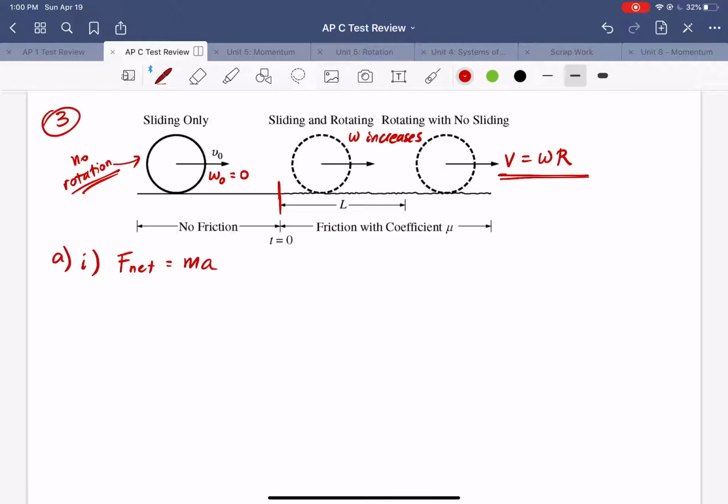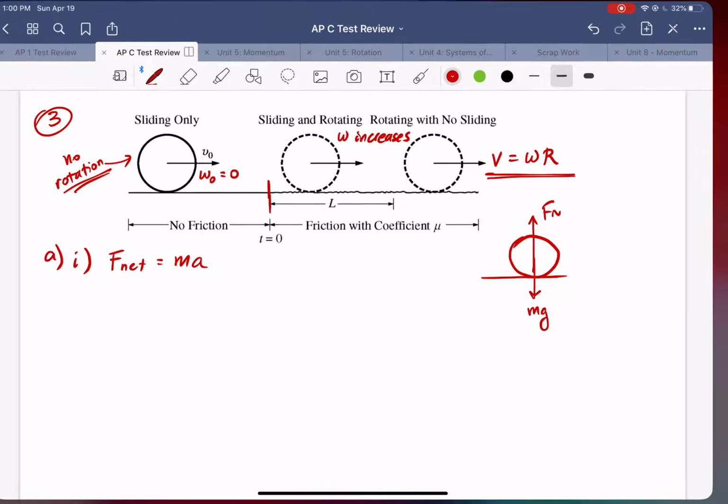Okay, so what are the forces acting on this thing as it's rolling through the area with friction? So there's going to be a weight force and a normal force in the vertical direction, and then there's going to be friction. All right, so friction has to cause this thing to start rotating clockwise.